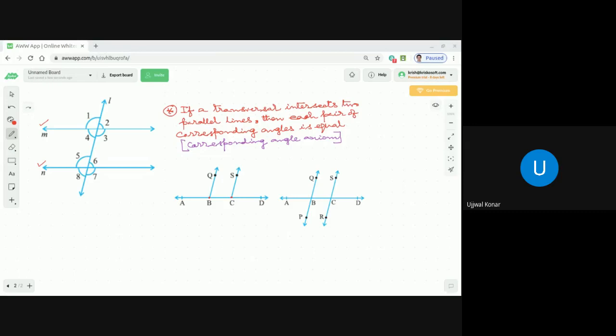So what is the converse of the corresponding angle axiom?